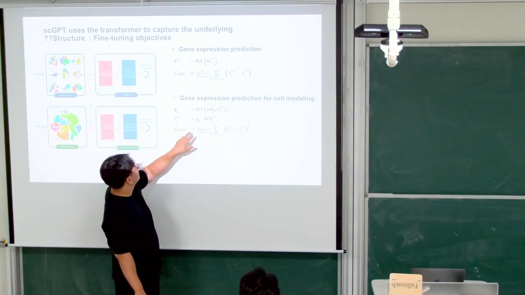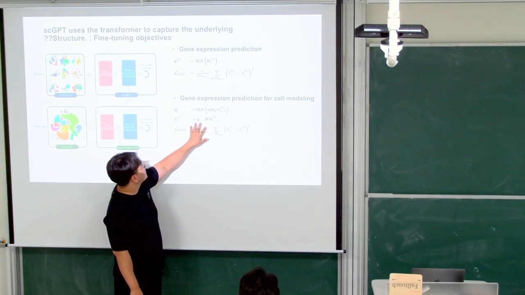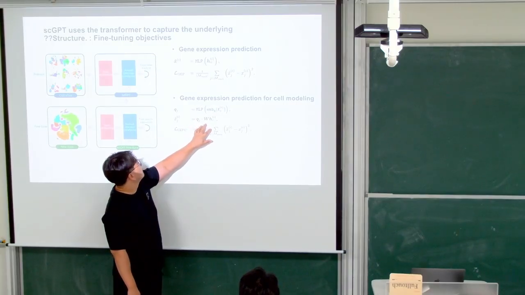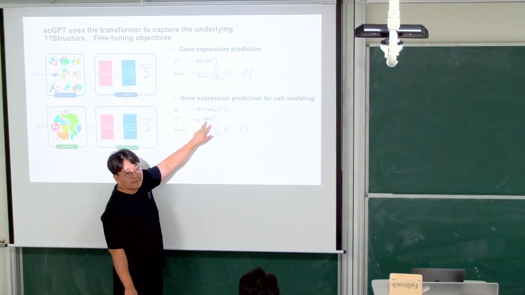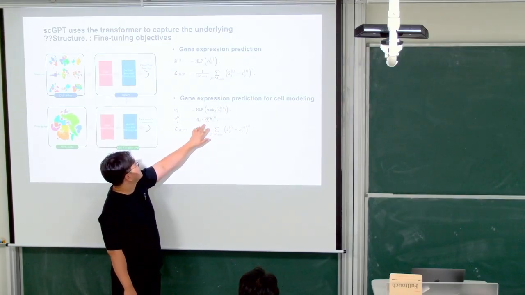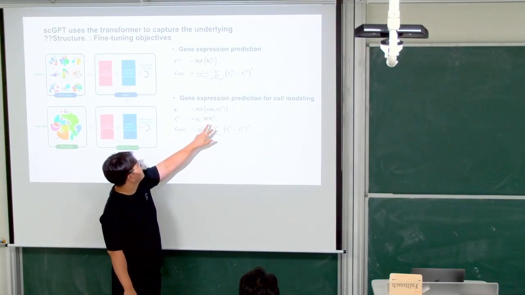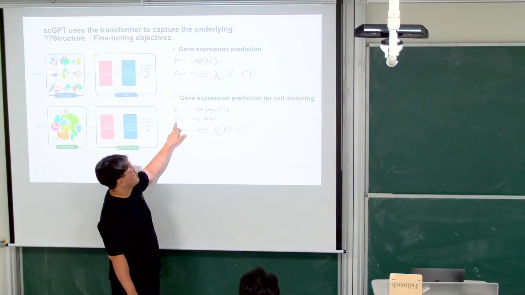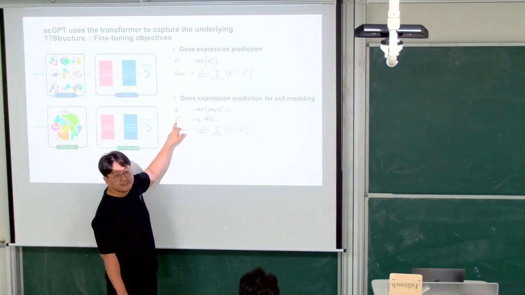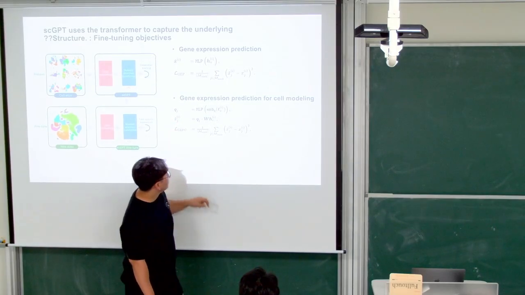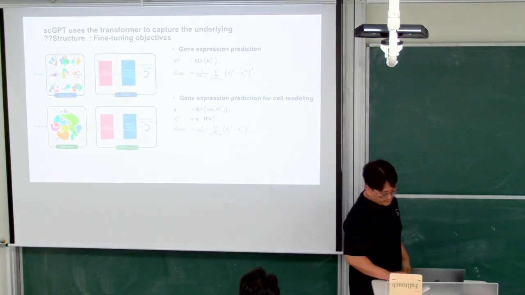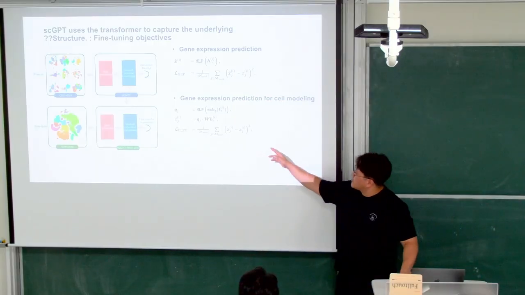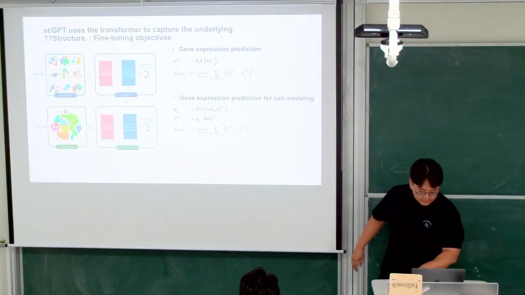Then they apply this query tensor with the weight vector and the cell representative vector to get the predicted gene expression, and they calculate another term for the loss function.